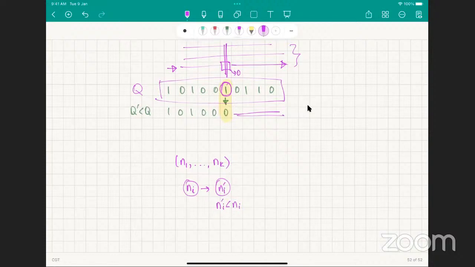So a move is determined by which heap you pick and what is the move that you make within that heap. So the total number of possibilities would be summation Ni, because in heap 1, I have N1 options, and heap 2, I have N2 options, and so on. So you'd have to generate that many children and actually look at what their labels are. And now, if you don't know what their labels are, you'd have to go further down this rabbit hole, and that can be pretty expensive.